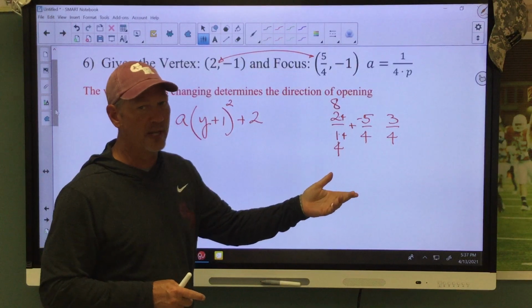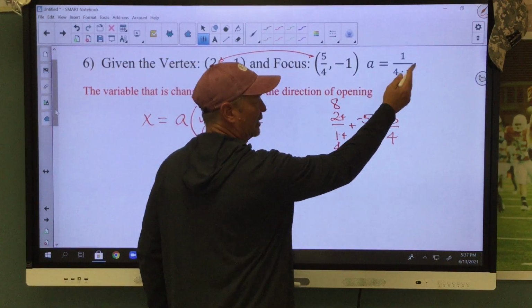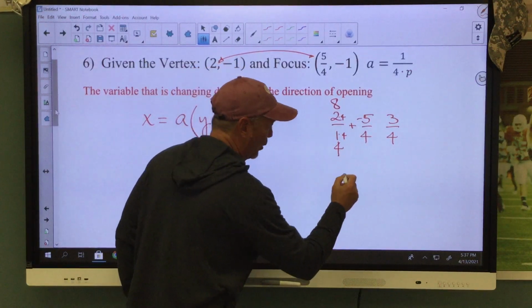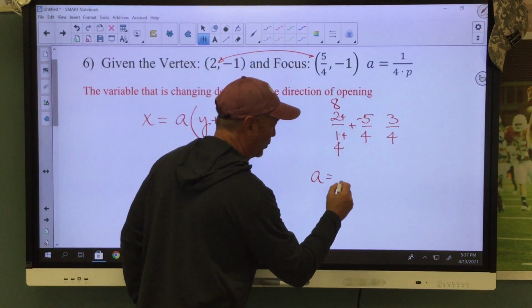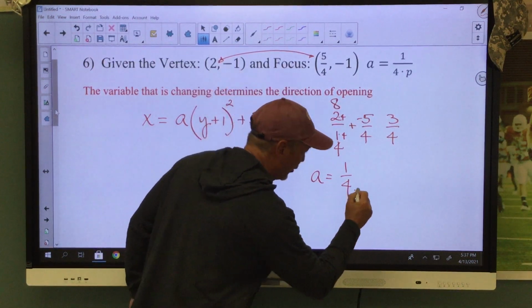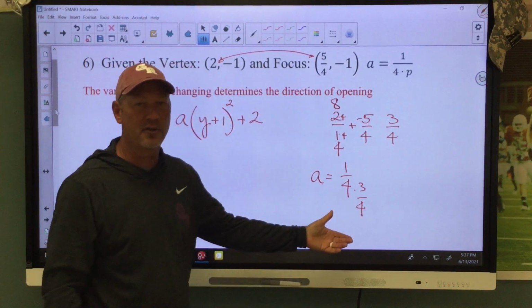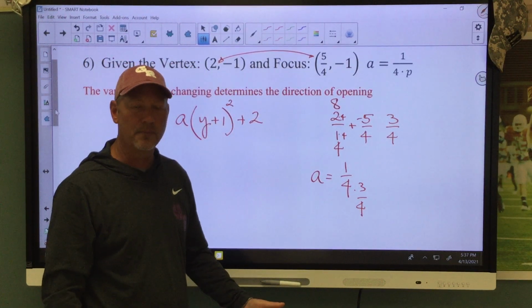All right, so here we have this. Remember we did one of these the other day to find the focus and the directrix. But the formula is just a little bit different. So we're going to say that a equals 1 over 4 times 3/4. Now you remember when this happened the other day, we said, oh, that's kind of confusing.